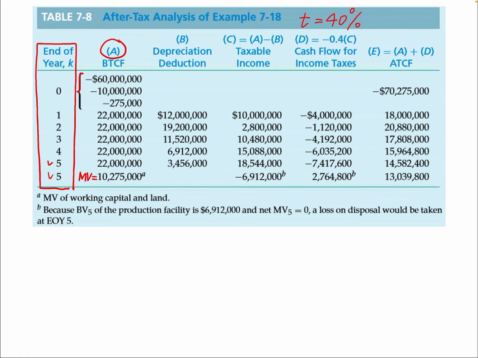So first, what is your capital investment? We said it has 3 parts. The first part is 60 million for the facility, and because it's an investment, it's negative. And then you need to hire a bunch of people. It's 10 million. It's also an expense, so it's negative. And then you need to buy a piece of land, which costs 275,000.